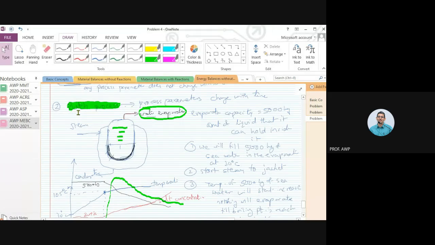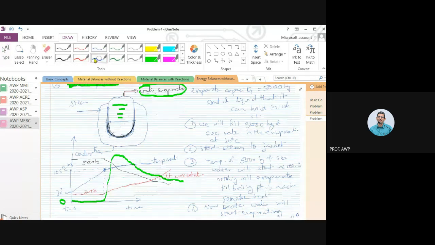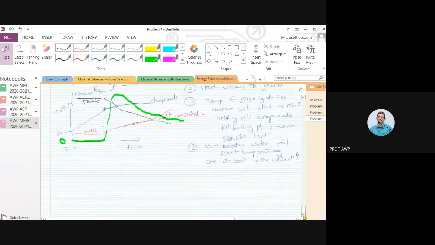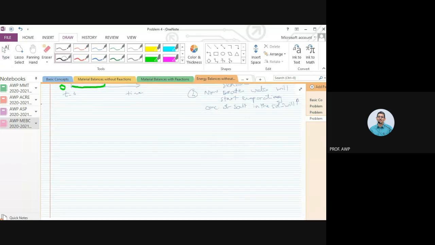Second question. Third way of operating is something called semi-batch, or semi-continuous, if you like.